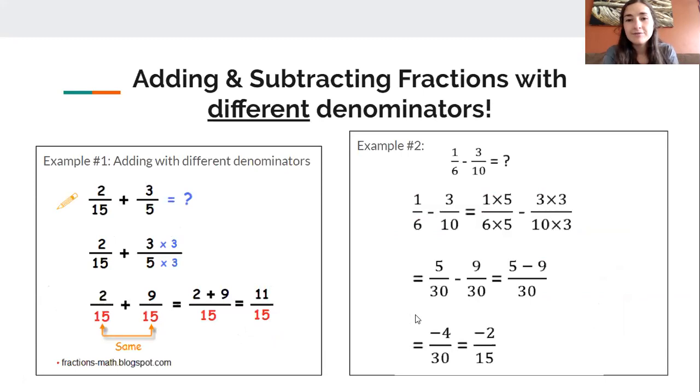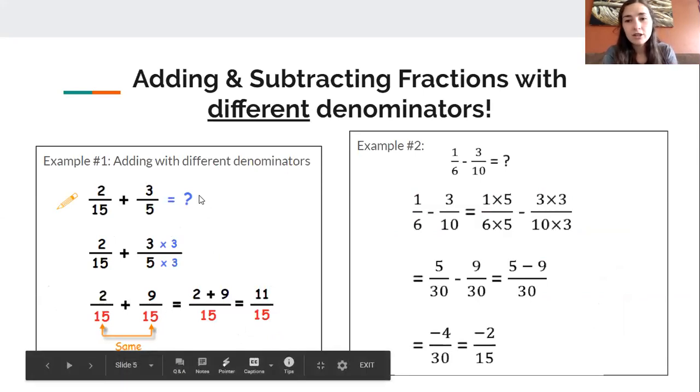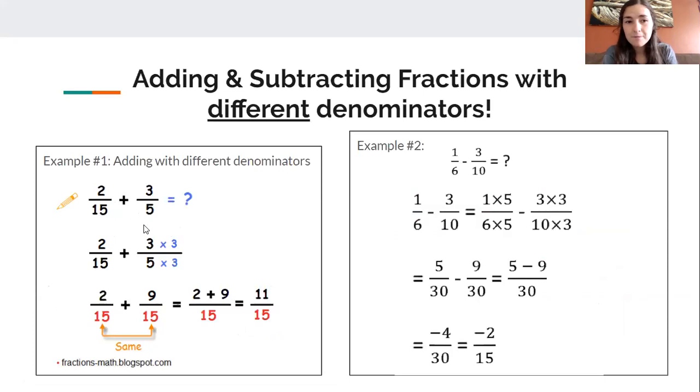Okay, now if we want to add or subtract fractions with different denominators, we first always have to get the same denominator. Looking at example number 1, we have 2/15 plus 3/5. 15 and 5, even though both have a 5 in it, they're not the same.